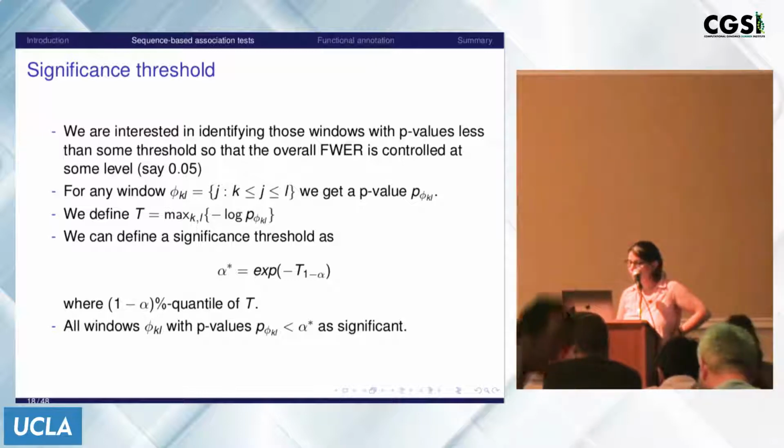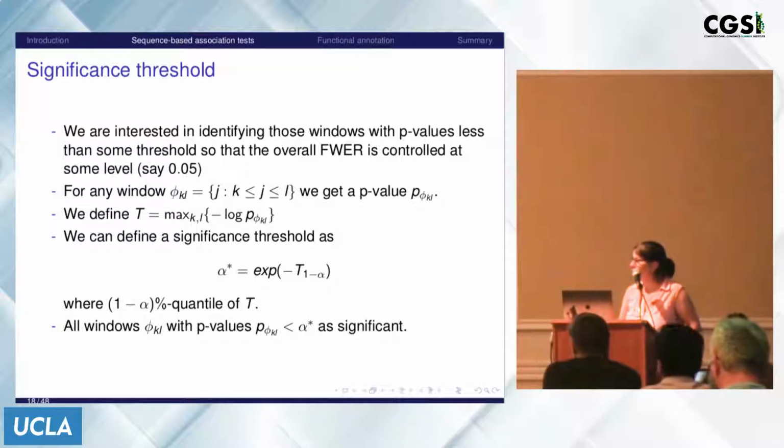So we want to be able to calculate the quantiles of the distribution for T. I'm not going to show you how we do it, but we use some results from extreme value statistics theory and a resampling-based approach that accounts for correlation among windows to calculate the quantiles of this distribution, and then we can get the significance threshold alpha star.